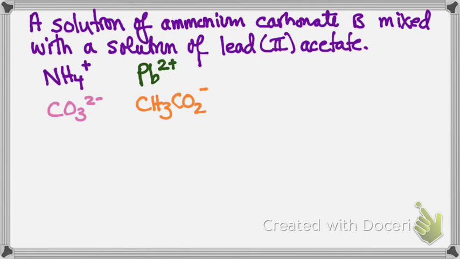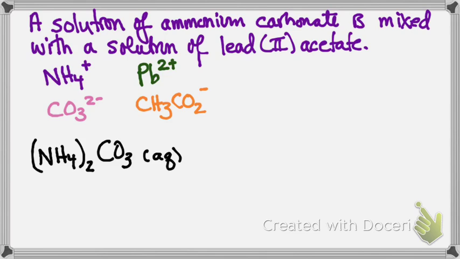So now as we consider how they combine, we need 2 ammoniums to combine with 1 carbonate. That gives us (NH4)2CO3, that of course is aqueous, plus Pb, and I need 2 of these acetates because 2 minus 1 balances 1 plus 2.